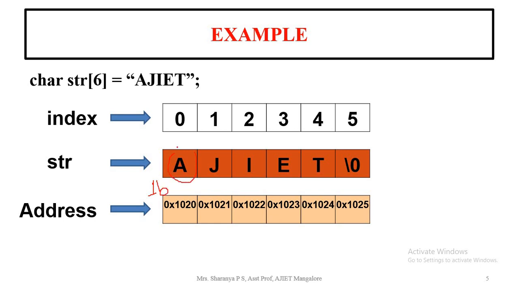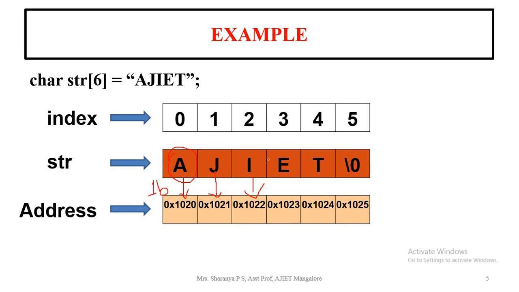So here A is stored in the location 0x1020. This 1 byte will be stored, and the next character will be stored in the next byte. However many bytes are present, that many bytes will be allocated for the string. So this is the total size of the string: 1, 2, 3, 4, 5, 6 bytes with respect to the str string.